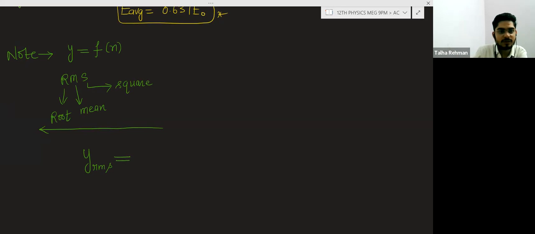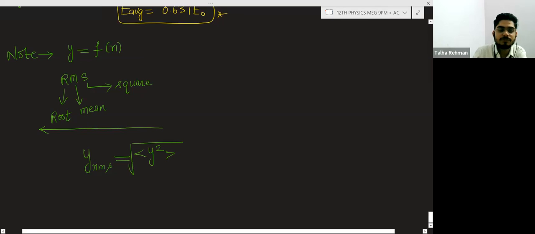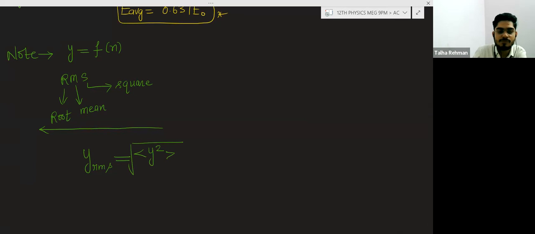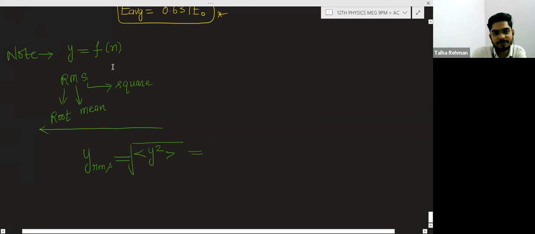First you will square y, so write y square first. Now take the average. Now take the square root. You know what is y: y is f(x), so y square is f(x) square.